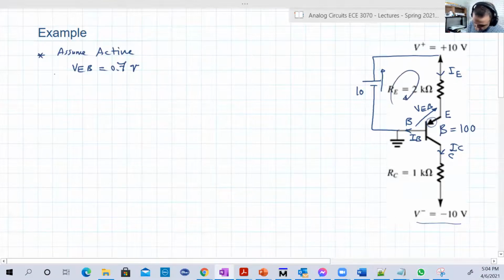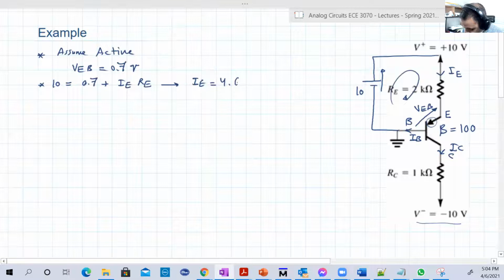In that loop we have 10 equals 0.7 plus IE RE. Remember, RE is known, so you can determine IE. So IE equals 4.65 milliamperes. Beta is 100.